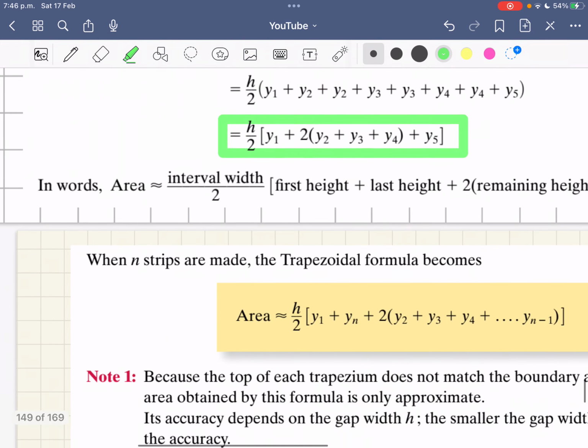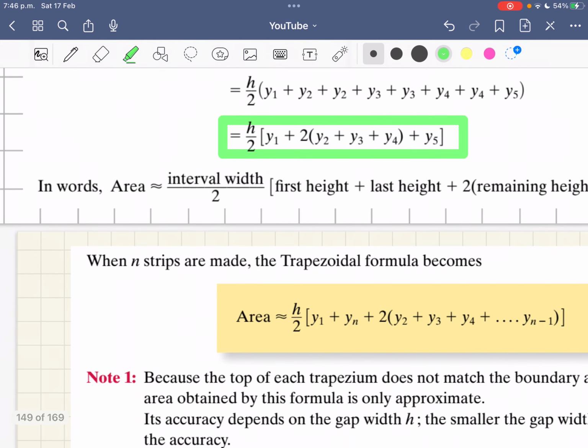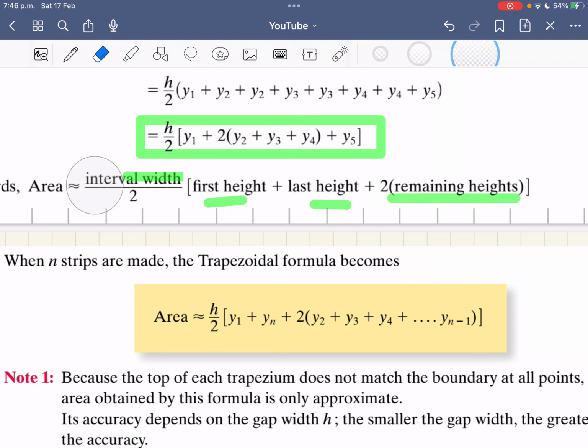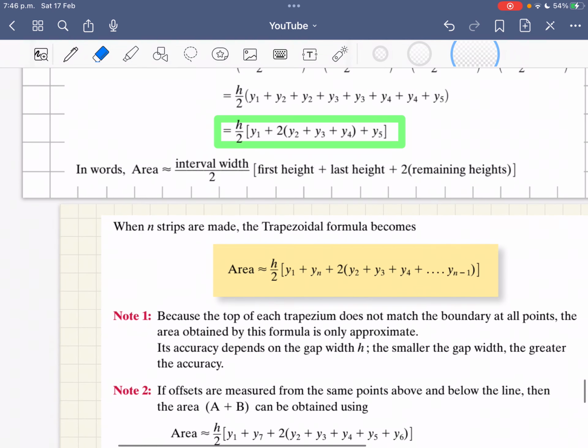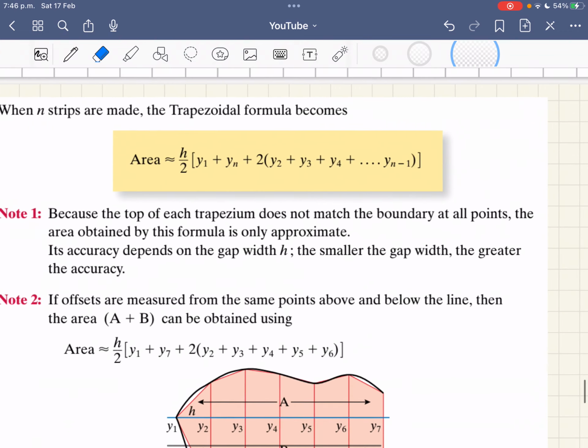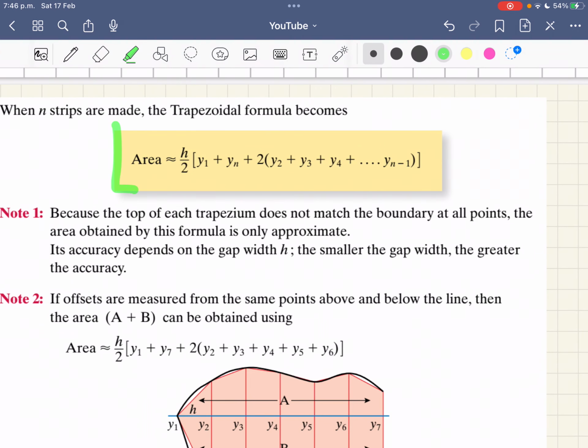In other words, this says the interval, which is h over 2, the first height, the last height, and add 2 times the remaining heights. I used to learn that because I found it was a wee bit difficult to input your points, but you're given it in this format in the log tables.